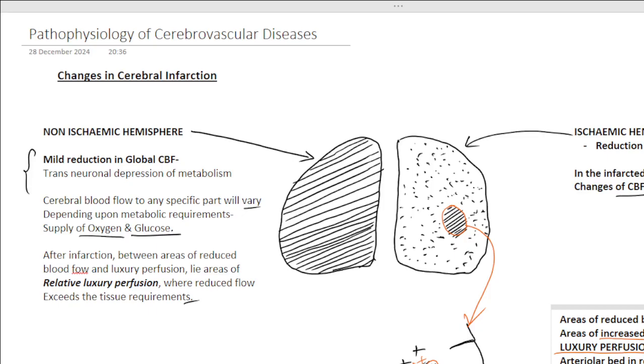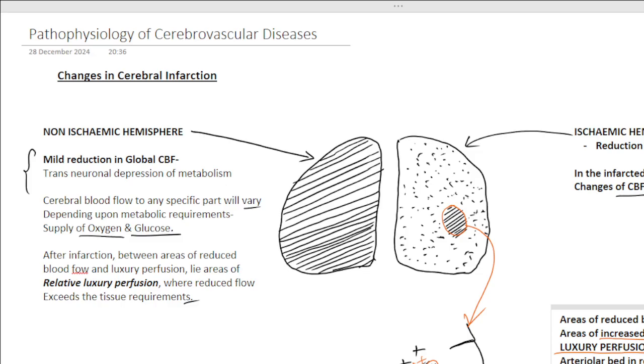Okay, will you remember that? Degree of disturbance correlates with outcome, clinical outcome, whatever you see.